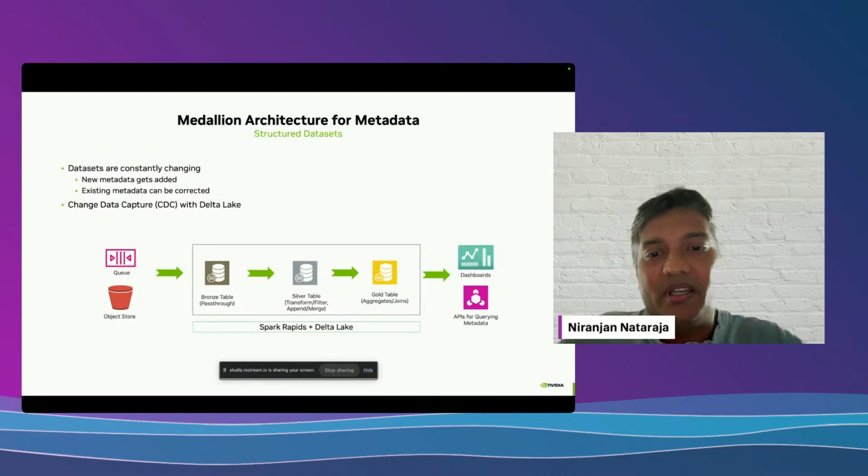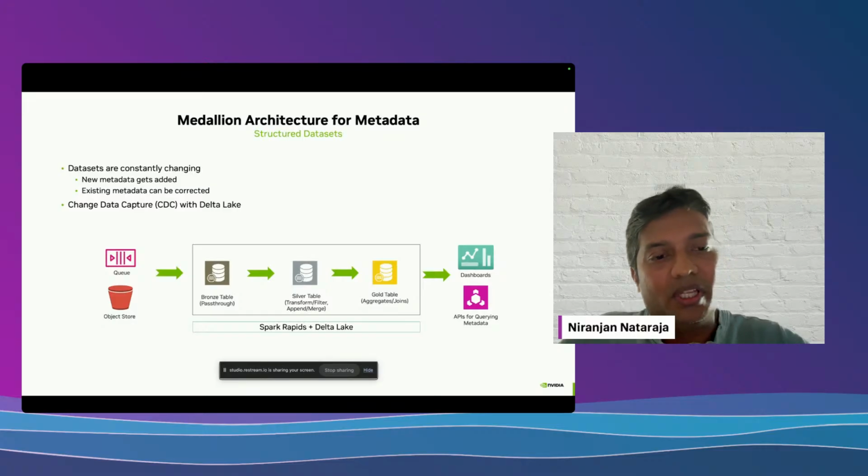And then we run another job that will consume from the bronze table, apply some transformations, filters, does append or merge, and finally we aggregate and do some joins on multiple silver tables to create the gold table. This process entirely runs with Spark Rapids on Delta Lake, so kind of GPU accelerated Delta Lake. And finally, our users are able to query the gold tables and build some dashboards.